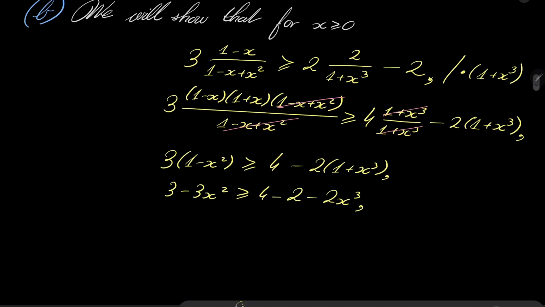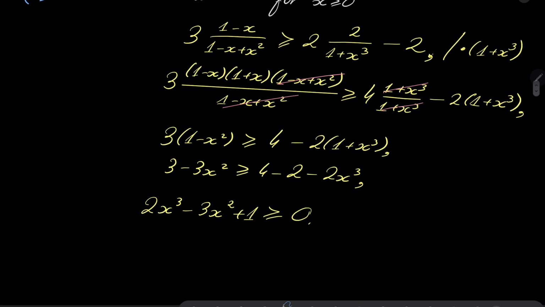And let's put everything on the left-hand side: 2x^3 - 3x^2. Here we have plus 2, so we are subtracting 2, so we have plus 1, greater than or equal to 0. And notice that this is true, because this is exactly the result of part A. This holds for all x greater than or equal to 0.